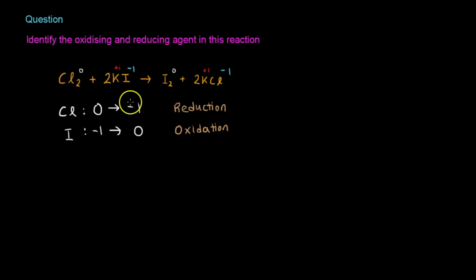So Cl itself undergoes reduction, which means it serves as an oxidizing agent. Makes sense, right? Because it oxidizes others and hence itself gets reduced. It's like it sacrifices itself for the greater good. On the other hand, iodine itself undergoes oxidation, and so we are sure to say that it's a reducing agent.